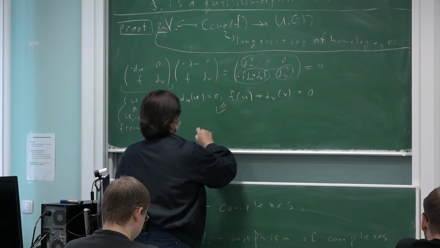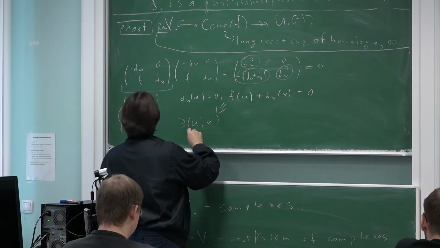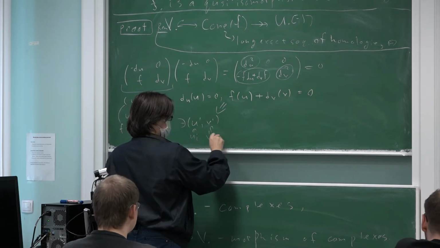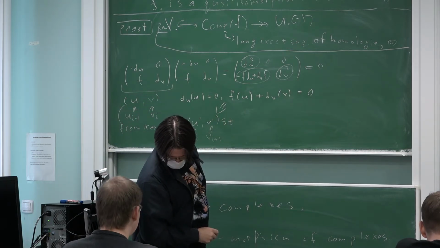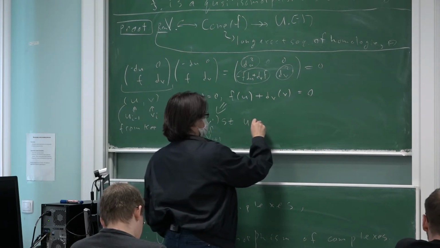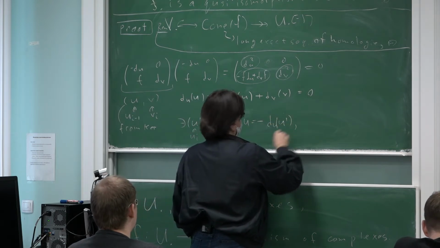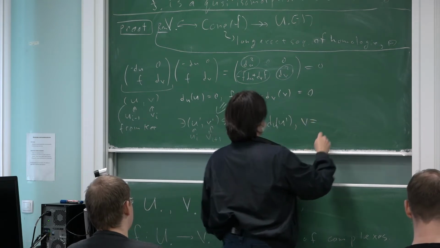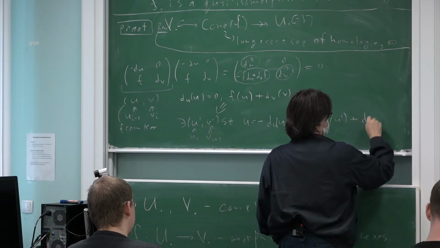So there exists a pair (u', v'); in fact, u' is from u_i, v' is from v_{i+1}, such that u equals minus du of u', and v equals f of u' plus dv of v'.